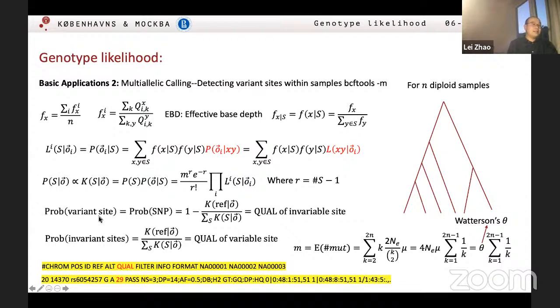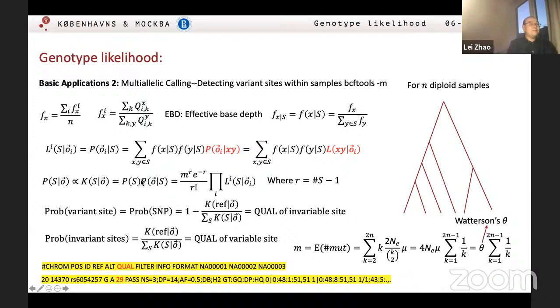And if you observe a variable site, and you have different reads for different individuals, you can calculate the probability of whether it is a SNP.